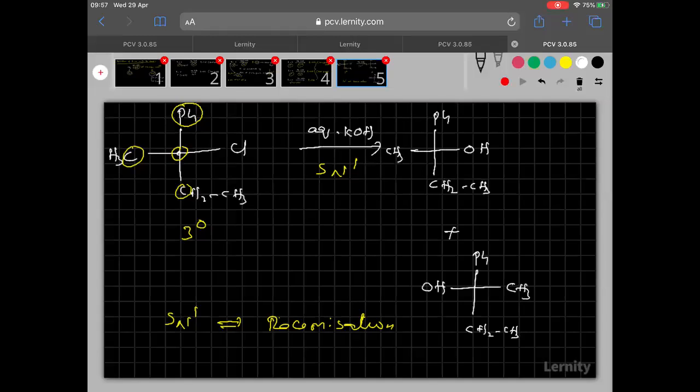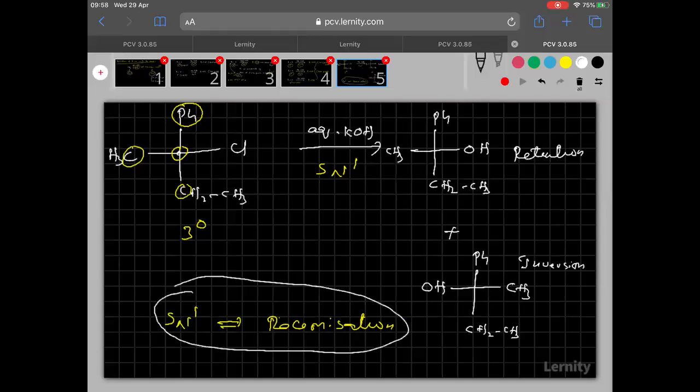Clear? So remember everyone, this is called as what? Retention. And this is called as what? Inversion. Followed. So retention and inversion, nothing but what? Racemization.